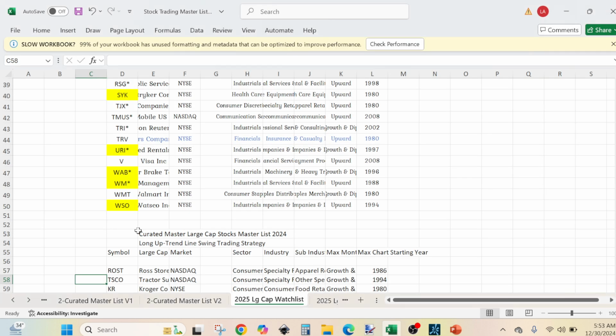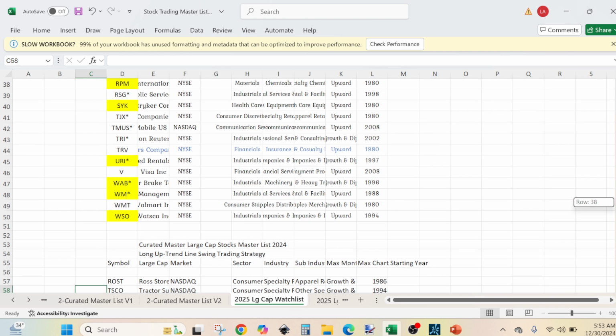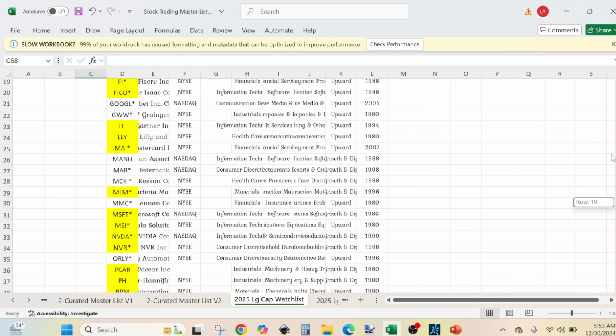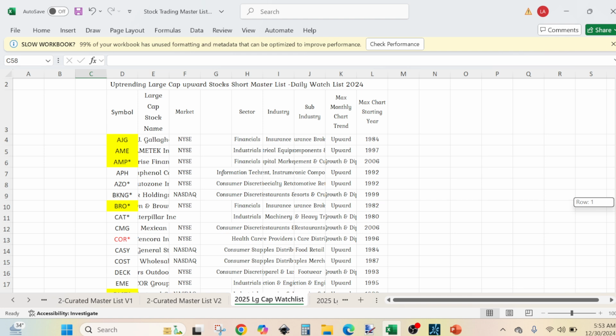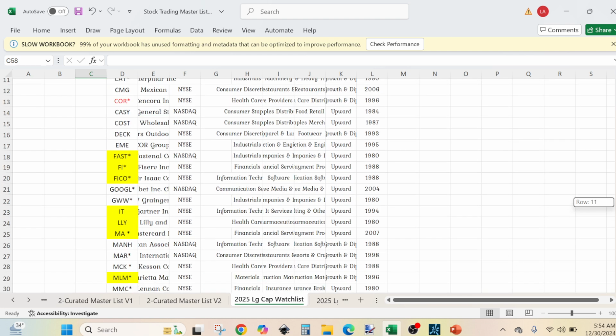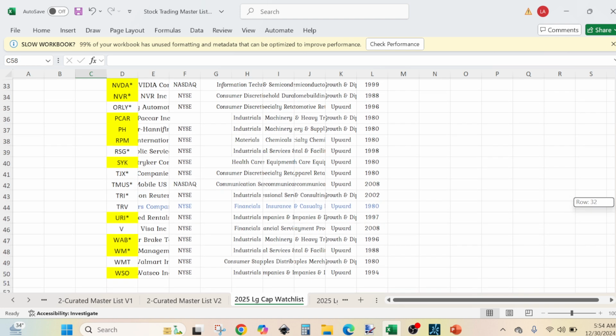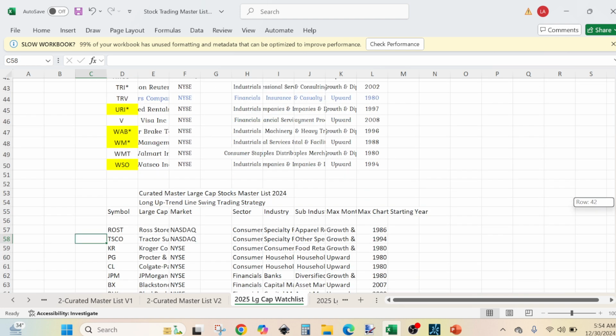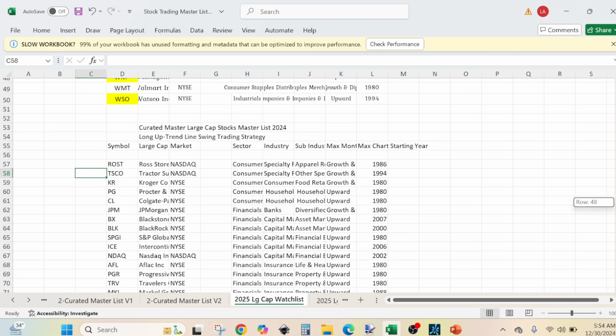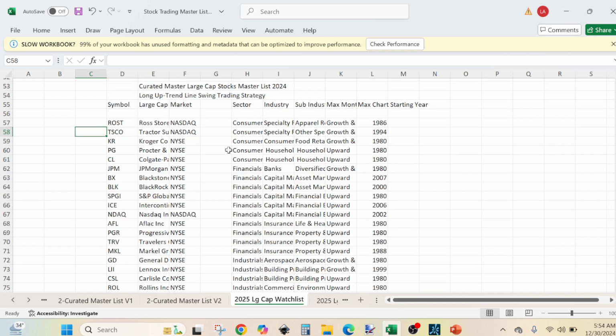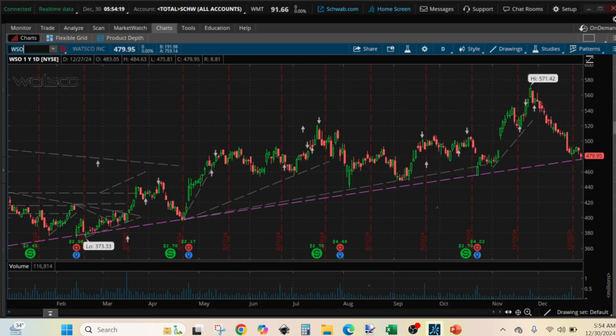Okay, so that was the initial stock watch list from 2024 that will continue in 2025. And to that list we added some more and we'll analyze them. So I'm going to be copying them in your space.